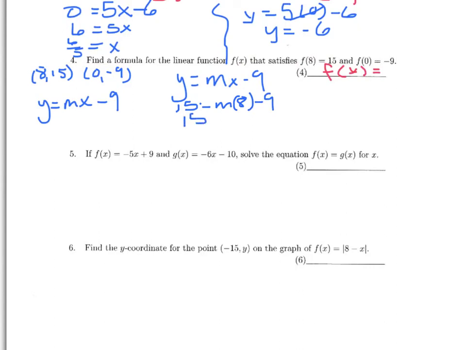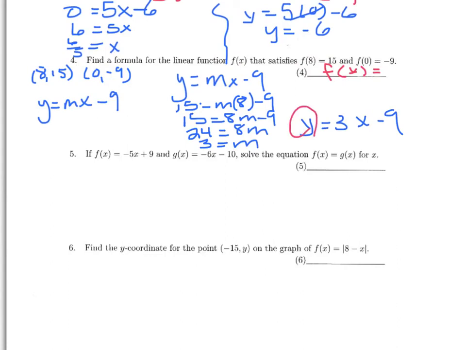So 15 equals 8m minus 9, add 9 to both sides. 24 equals 8m, divide both sides by 8, and m equals 3. So that's the slope. That's telling us that y equals 3x minus 9. But if you recall, we were looking for function notation, so we rename that y as f of x, and that gives us f of x equals 3x minus 9.